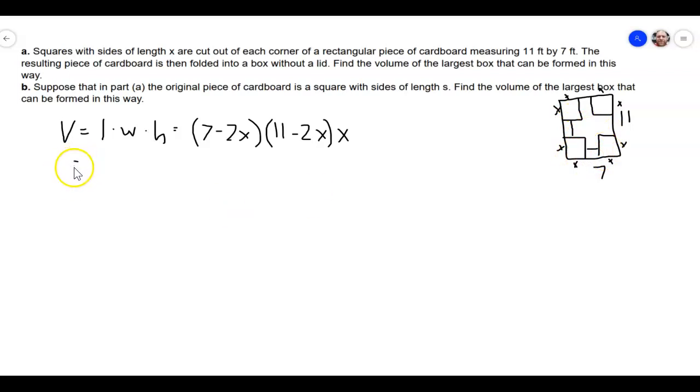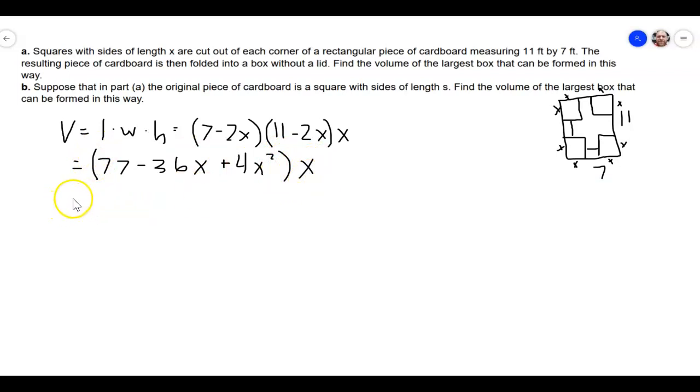All right, so if we multiply that together, that's going to be 77, minus 22x minus 14x, so minus 36x, plus 4x squared, and it's this whole thing times x.